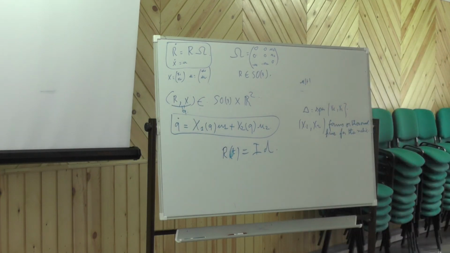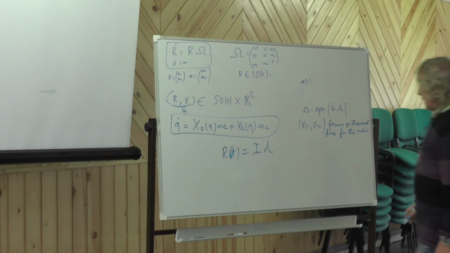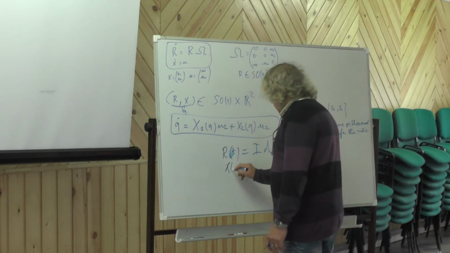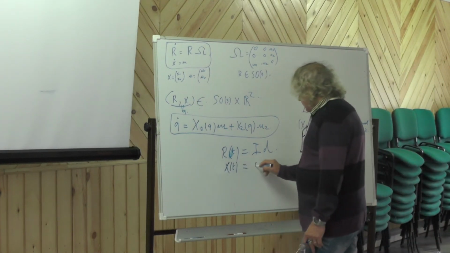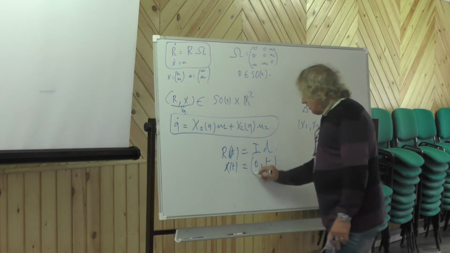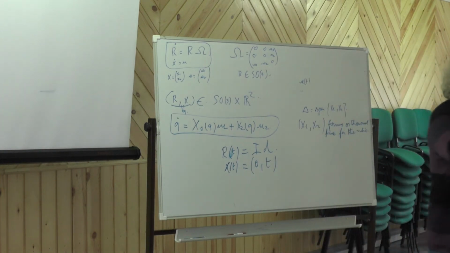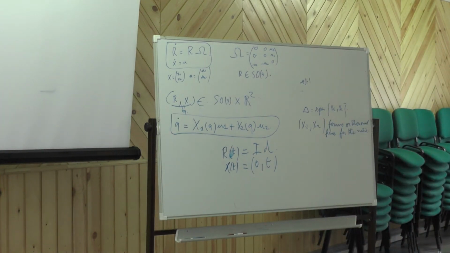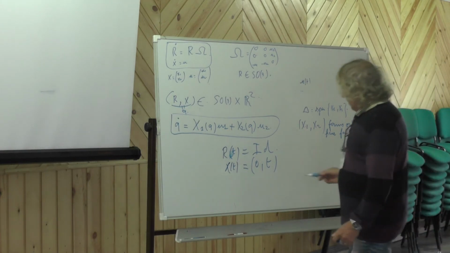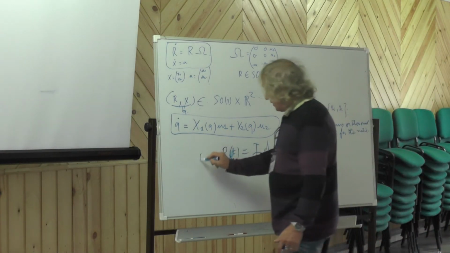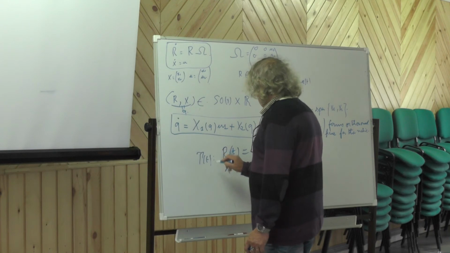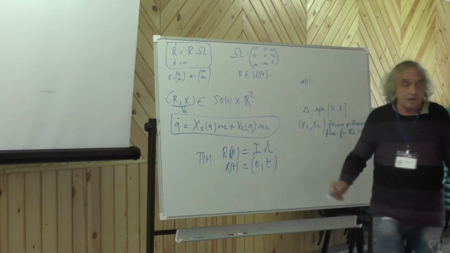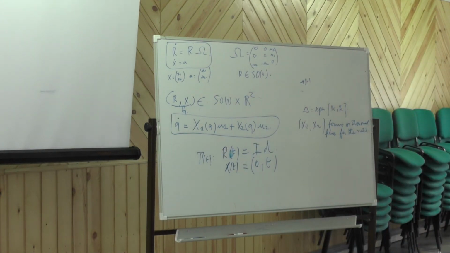You don't want the frame to move, and you want x of t to be 0t. You want to move along the vertical frame. Then you want to approximate this curve, gamma of t, which is clearly non-admissible. It is slipping.